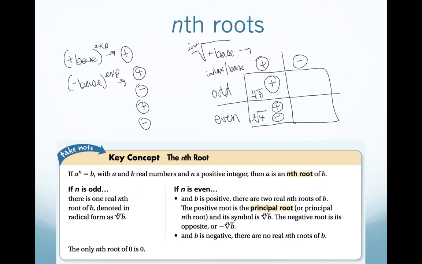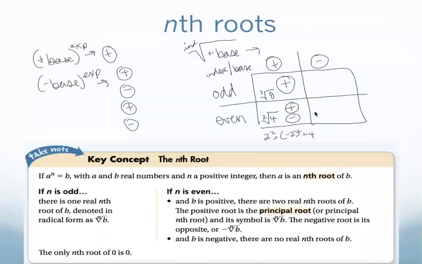So 2 squared, but also the quantity of -2 squared, both give me 4. Even though there are 2 roots to the question of the square root of 4, I will specify which one I'm asking for by calling the positive one the principal root, meaning the main root.